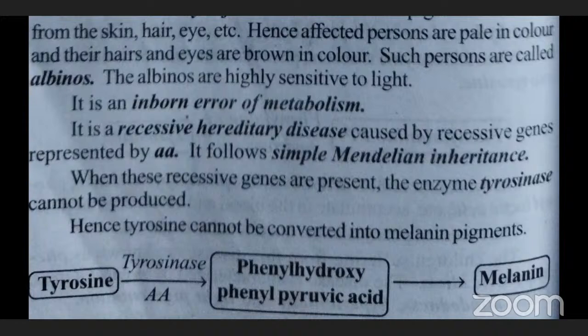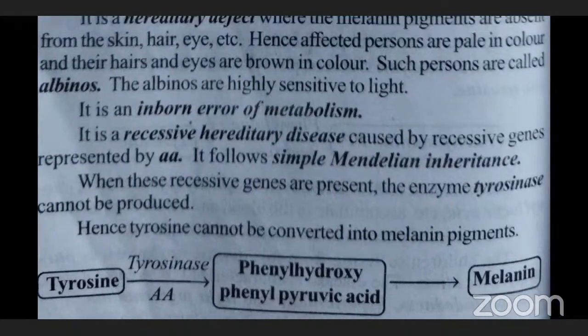If tyrosinase is not produced, there is no conversion of the tyrosine, so it accumulates in blood. Finally we cannot get the melanin pigment. Clear? That is called albinism. So that's all about the genetic diseases.